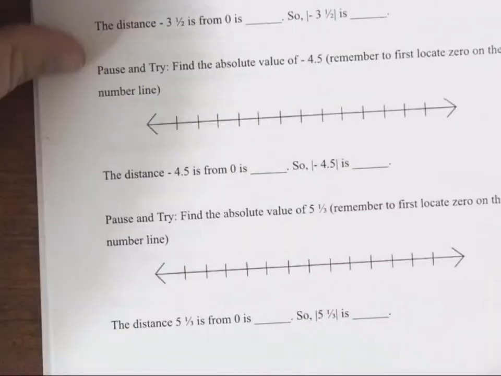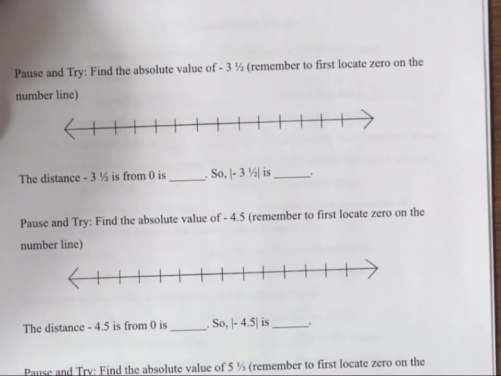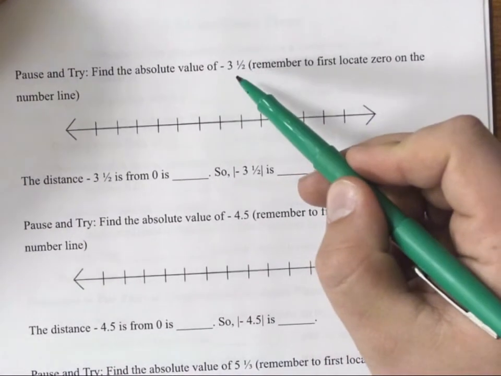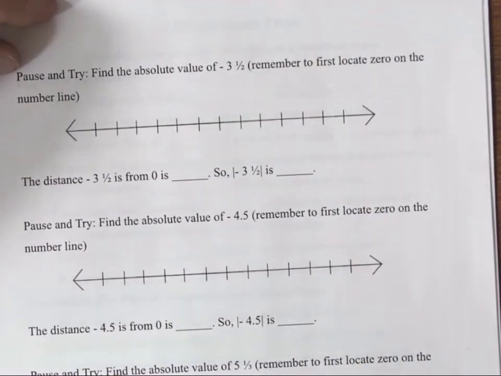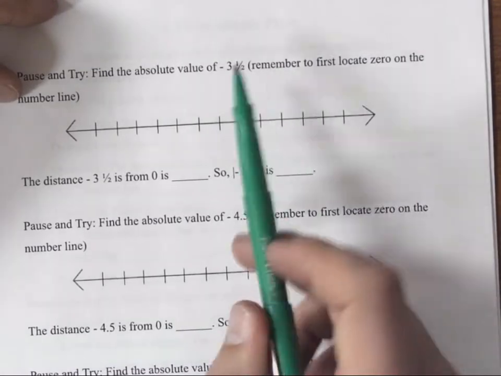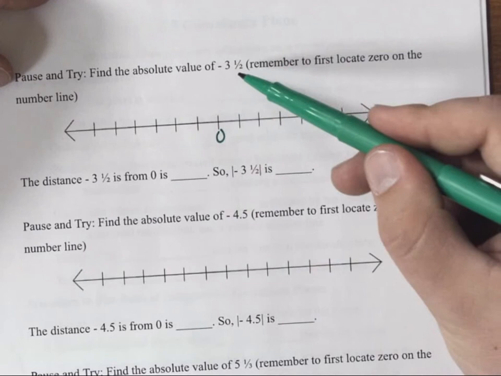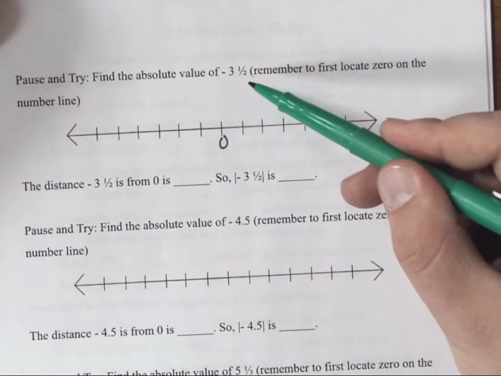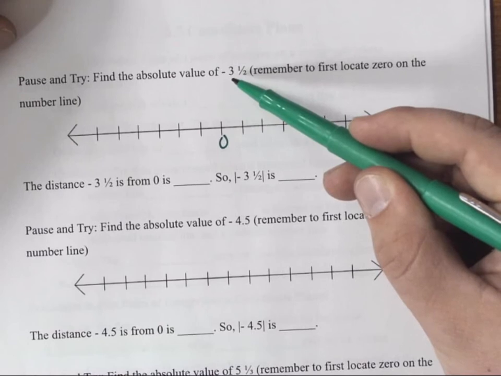All right, on the back, you're going to do a few pause and tries. These pause and tries have rational numbers, or in other words, fractions or decimals. They're not all whole numbers. So your job will be to first locate 0. I know that each of you already understands how to graph a rational number.